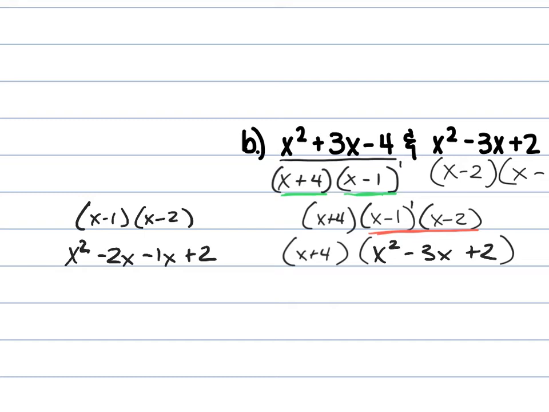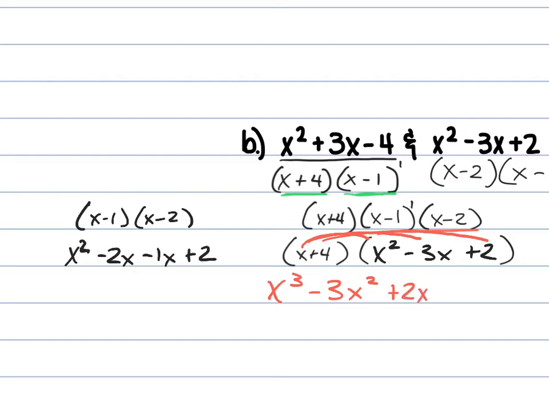So what we're going to do is distribute this x to each of the things over here. X times x squared is x cubed. X times negative 3x is minus 3x squared. X times positive 2 is 2x.